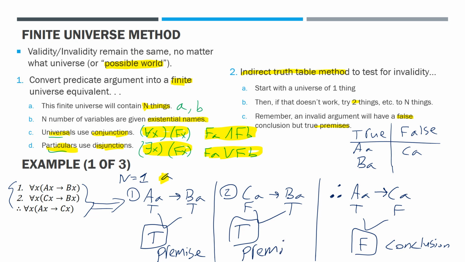So with just one thing in this universe, we're able to show that we have an invalid argument. If this argument is invalid in a finite universe with only one thing, that's one possible world, it's also going to be invalid for any other possible world. Hence, we conclude that this argument is invalid.